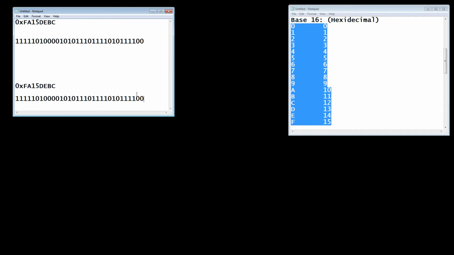You can see one of them was much faster to type than the other. And both of these, again, are the same exact value.